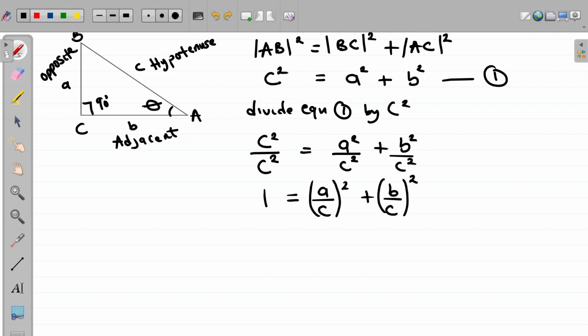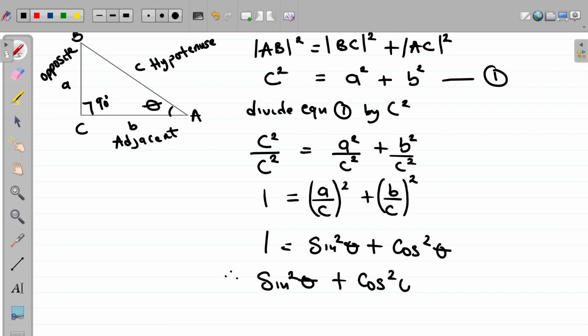From our ratios, A divided by C is sine theta and B divided by C is cos theta. So therefore, our equation becomes 1 equal to sine squared theta plus cos squared theta. So therefore, sine squared theta plus cos squared theta is equal to 1.